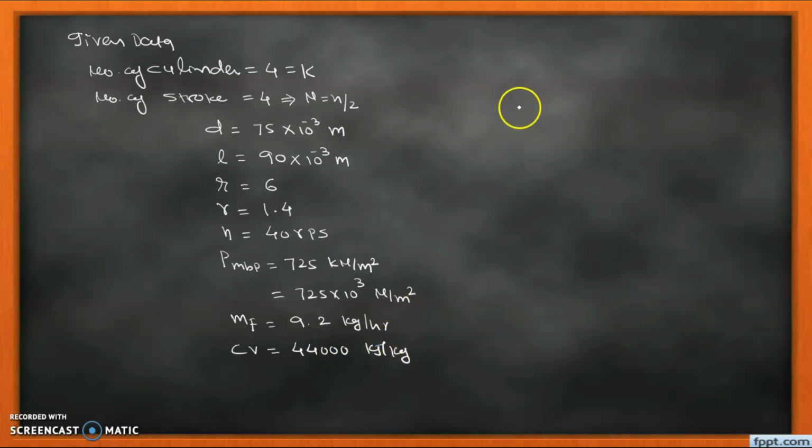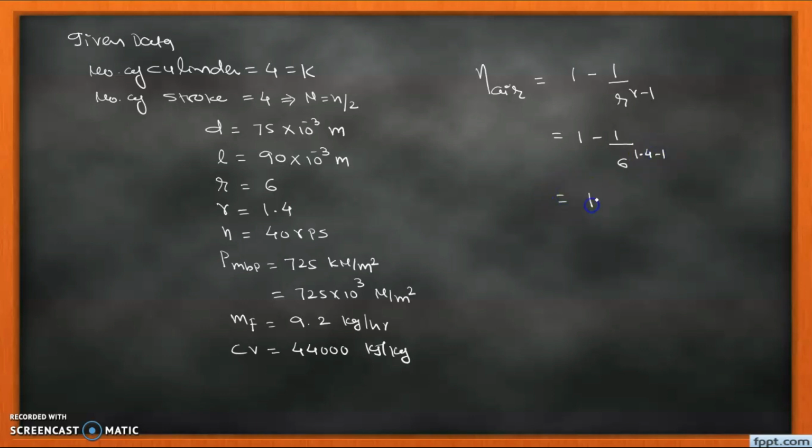First, from the compression ratio we can calculate the air standard efficiency. For the Otto cycle we know the formula: 1 minus 1 upon r raised to gamma minus 1. Here r is 6 and gamma is 1.4.